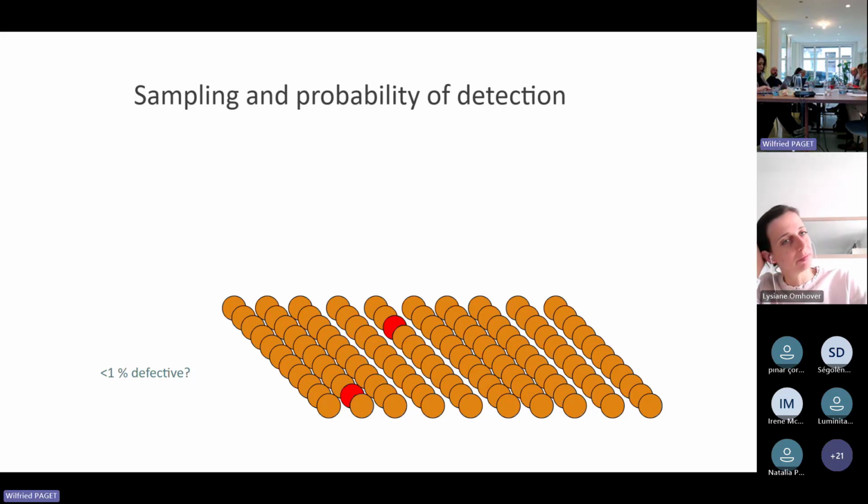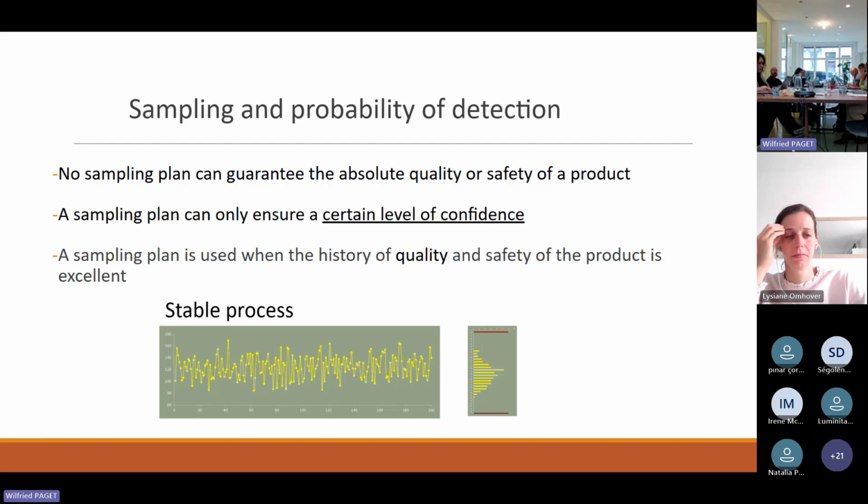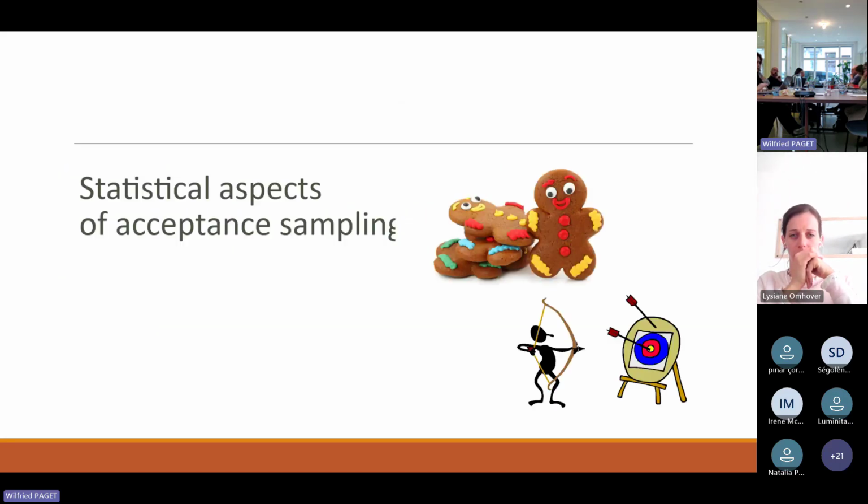So I need to know the confidence I have as a producer. But as I said before, the sampling plan is used when you already have a stable process, so that you can prove that the quality and safety of the product is good, or to the standards. So a company cannot apply a sampling plan when the process is out of control.